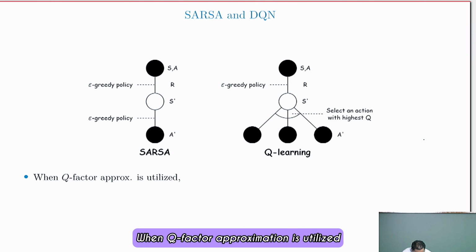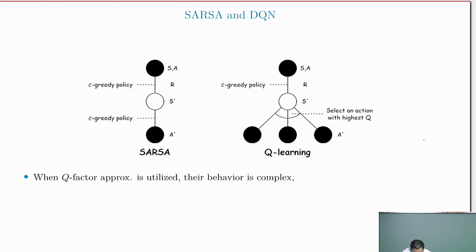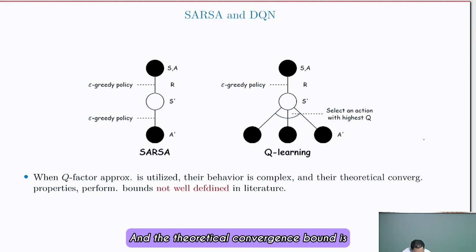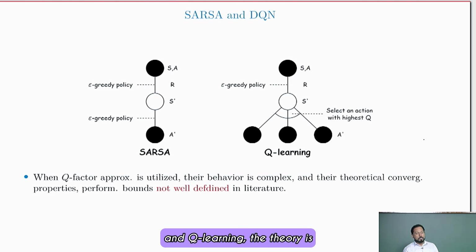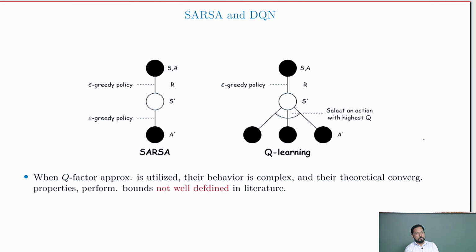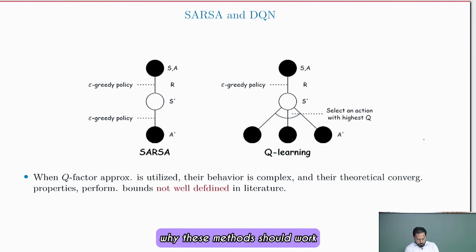When Q factor approximation is utilized, the behavior is complex, that's what is observed, and the theoretical convergence bound is also not well defined. With Q factors and, let's say, Q learning, the theory for why this method should work is not very clear. Still these are open problems.